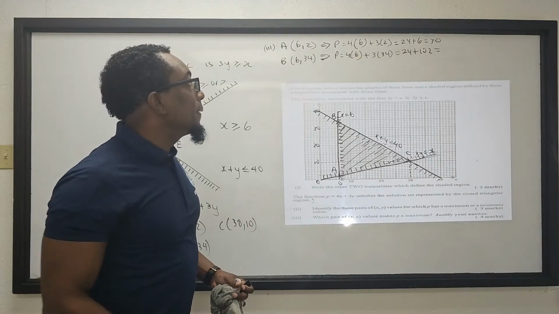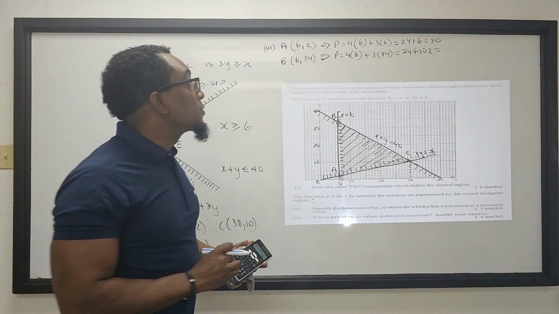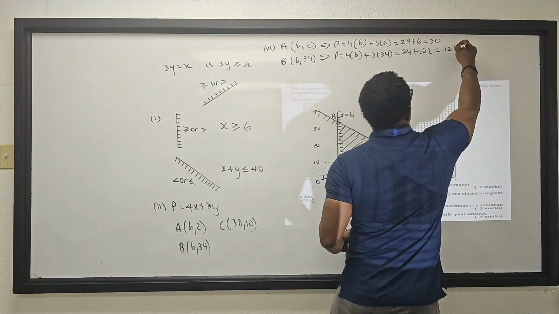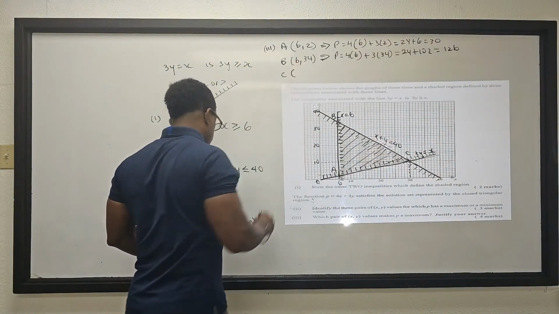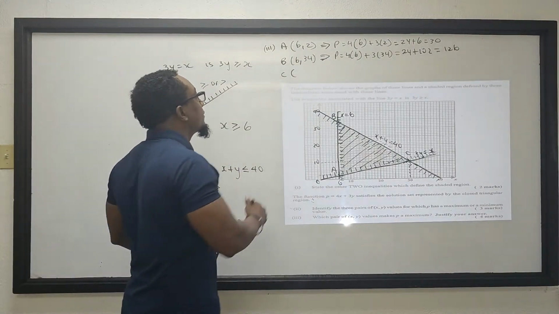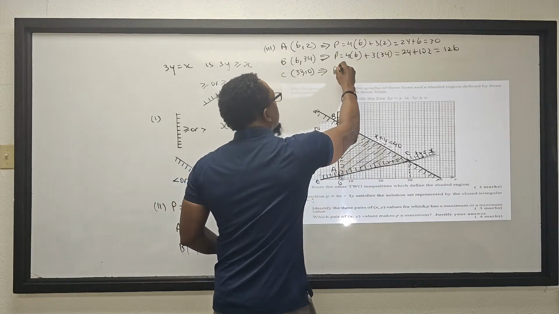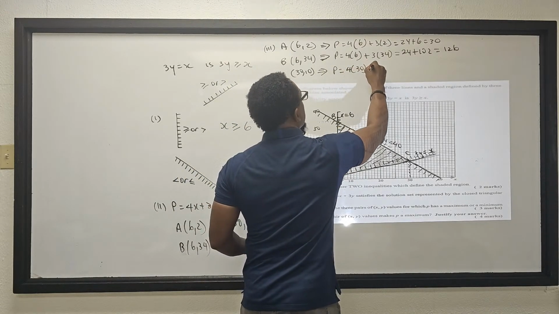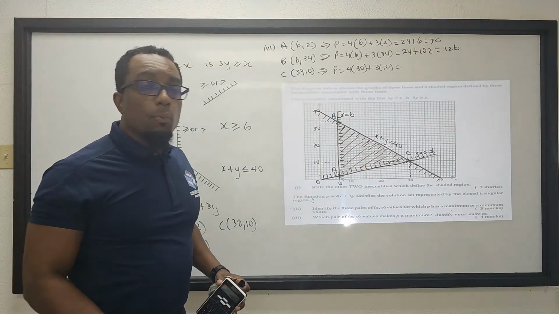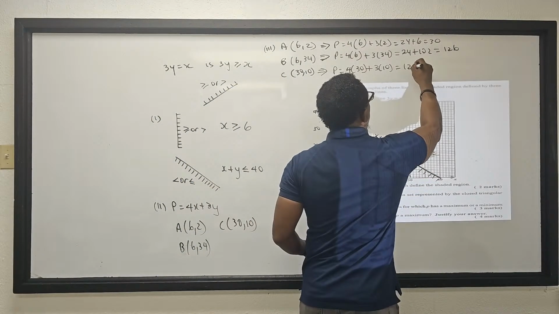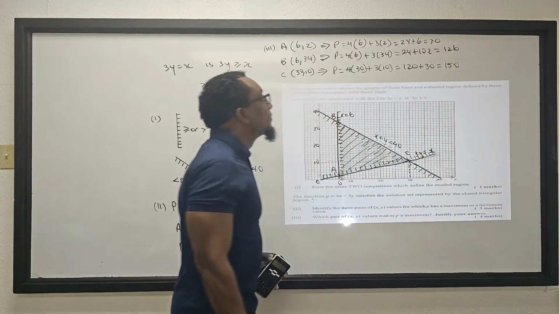So 24 plus 102 will give us 126. And C, which is 30, 10, will give us p is equal to 4 times 30, plus 3 times 10. 4 by 30 is 120, 3 by 10 is 30, which will give us 150.